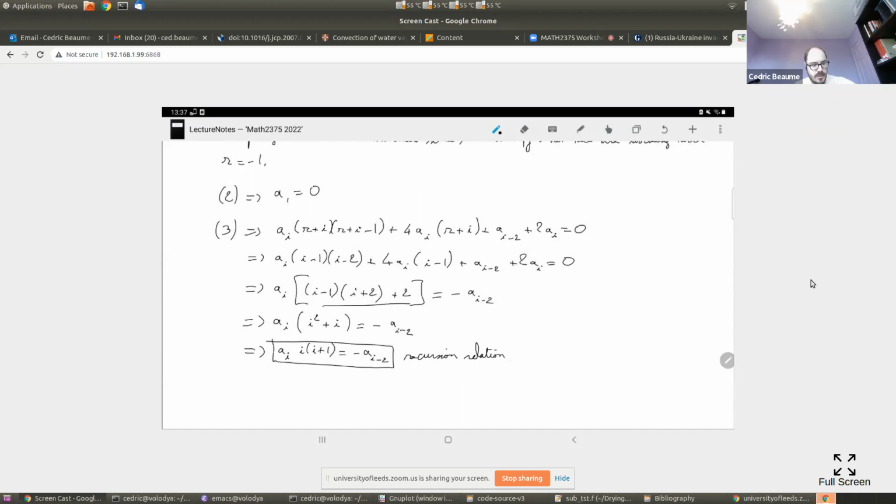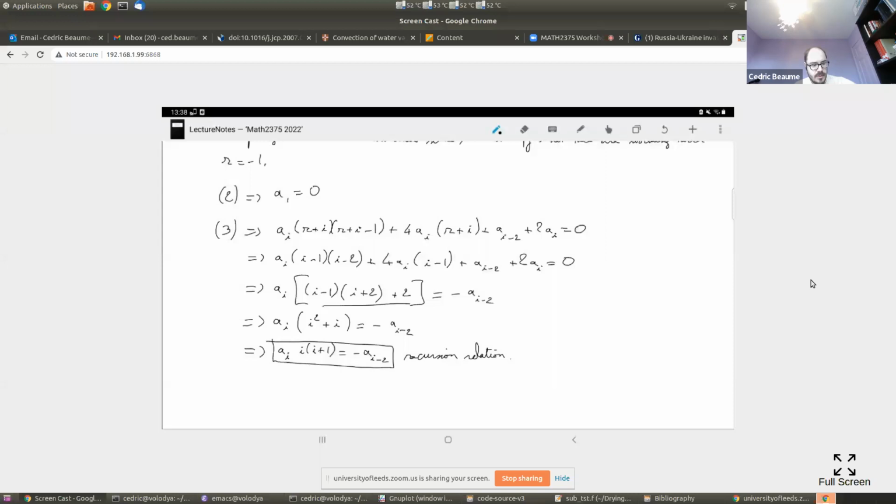Okay? So all we have to do now is find the solution to this Frobenius series problem. But we've got these relationships there. So it's actually not going to be too complicated at this point.